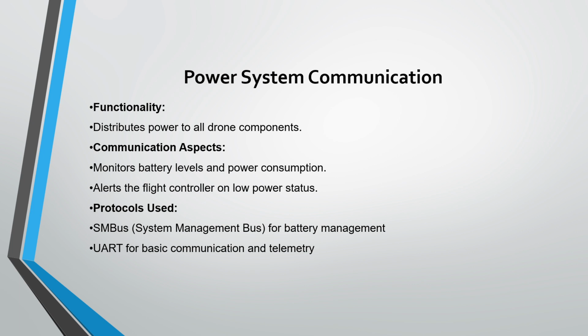Now let's move on to power system communication. How does the battery, the power system, transfer power to every component? How is it managed, how does power go in and come out, input and output? We will learn that here. The functionality of the power system is to distribute power to all the components of the drone for working. The communication aspect is that it monitors battery levels and power consumption.